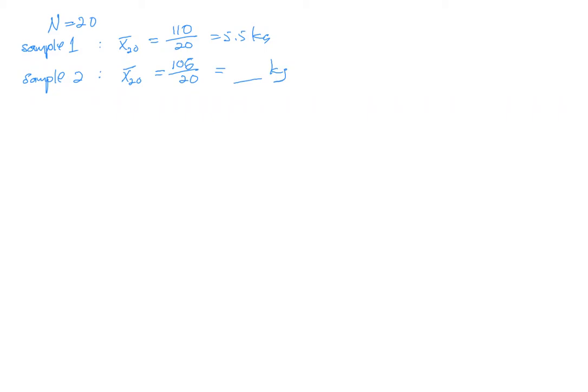So now, how do we find the true population parameter? Sample 3 will give me different things. Sample 4 will give me different things.